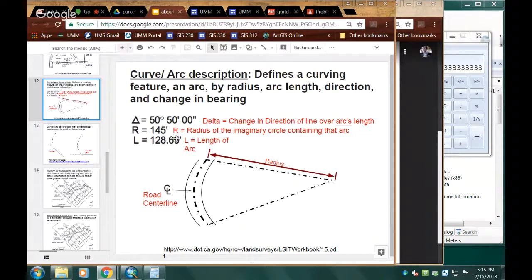So there we had the arc length, we had the radius, and a chord, if I recall correctly, is a line from the center of the circle to the circle itself. I think that's right. So anyway, ArcGIS has little tools that allow you to actually draw that curve exactly as it's described, which is pretty handy.